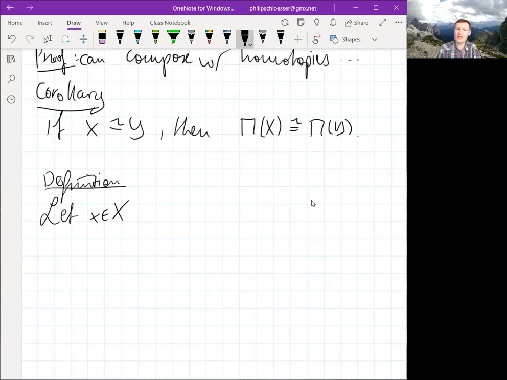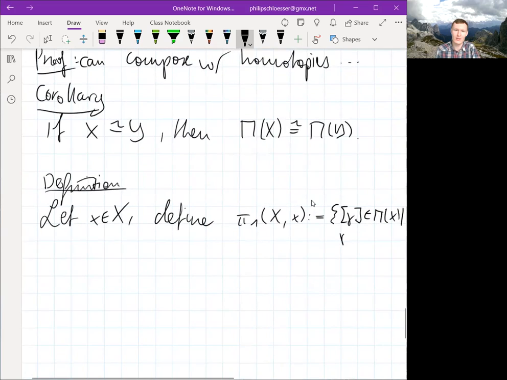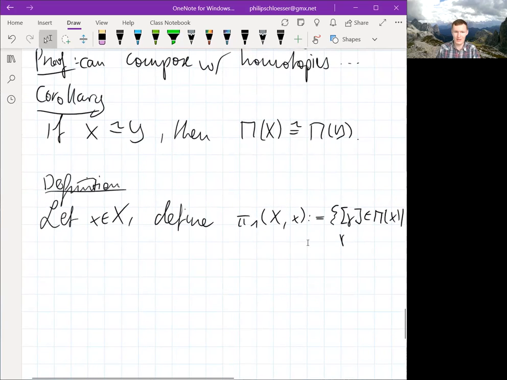So if we pick a point in that topological space, then we can define pi1 of capital X at small x to be those paths in capital pi of x such that they are loops around x.